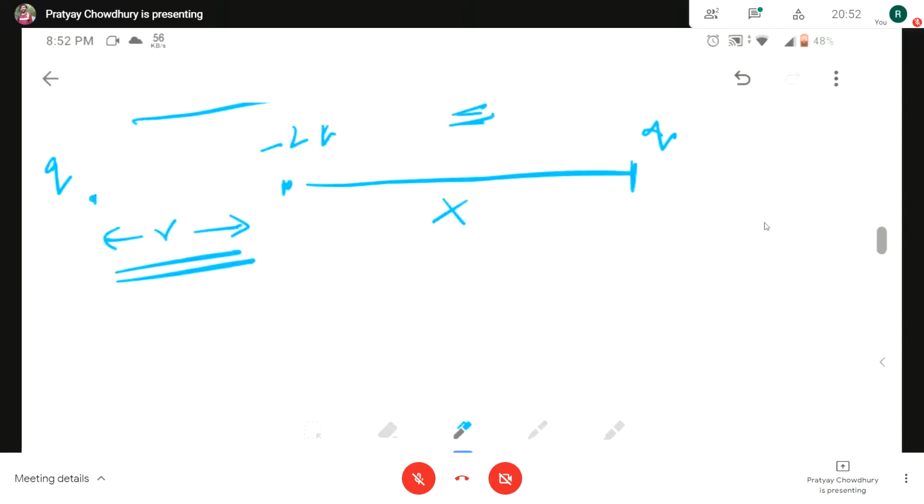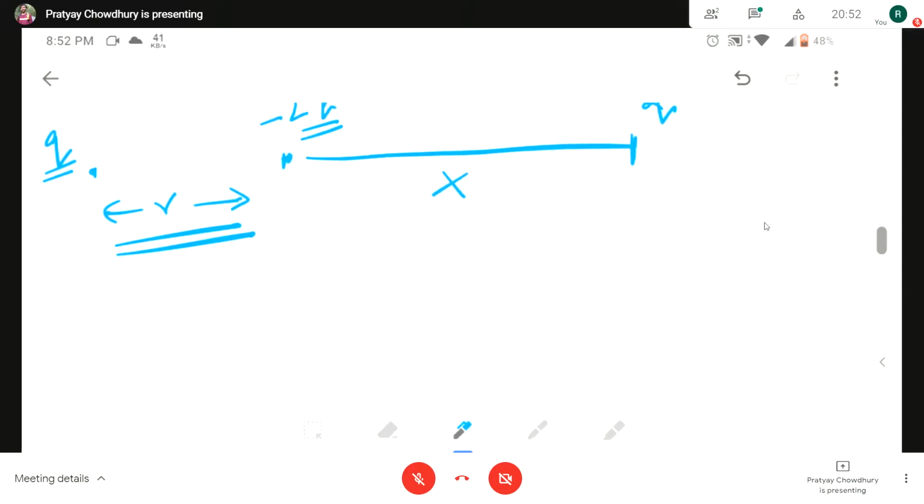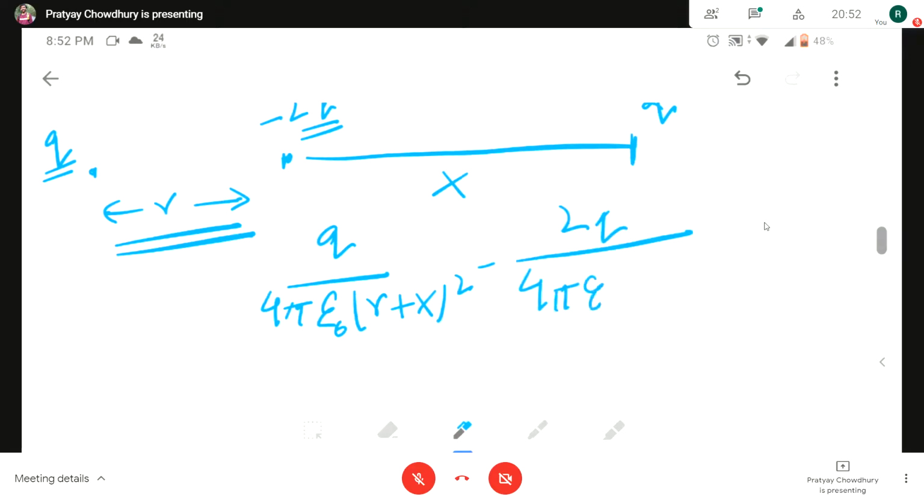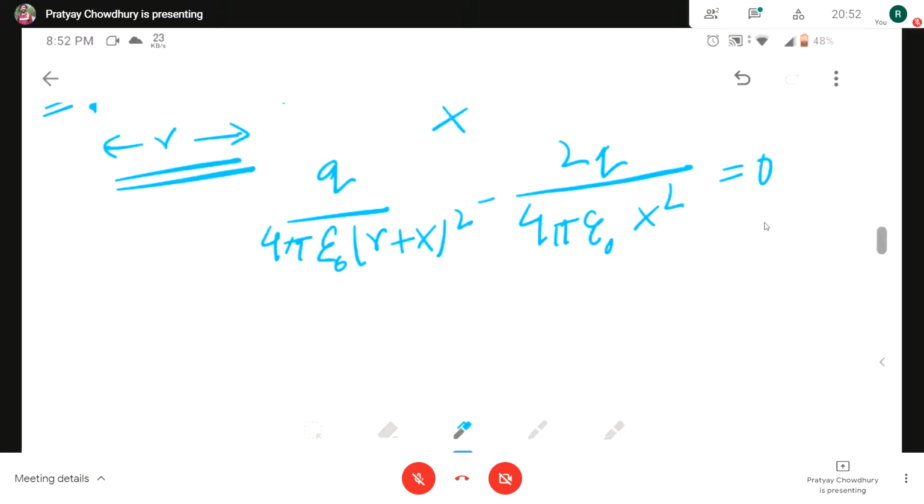So the forces due to q and minus 2q would be q by 4 pi epsilon naught (r plus x) square minus 2q by 4 pi epsilon naught x square, and the forces come out to be 0.